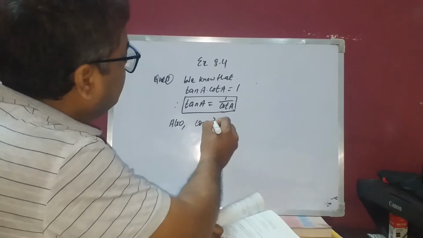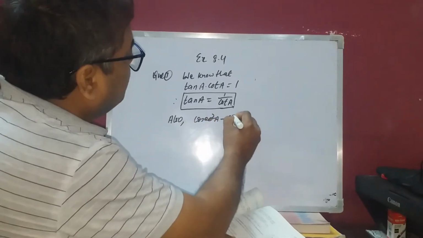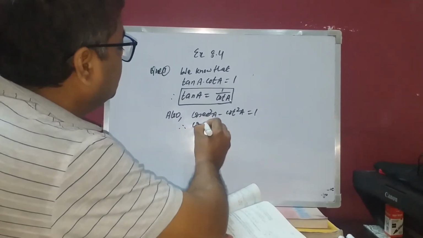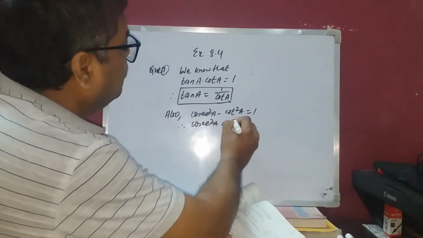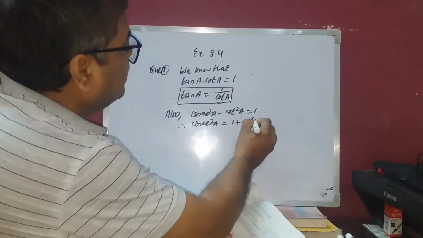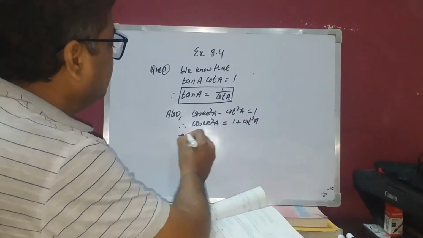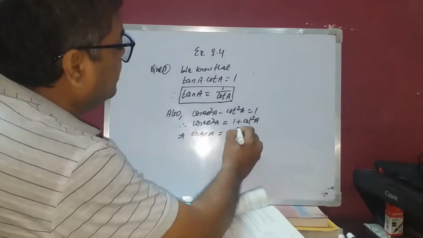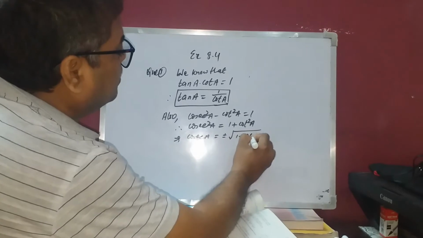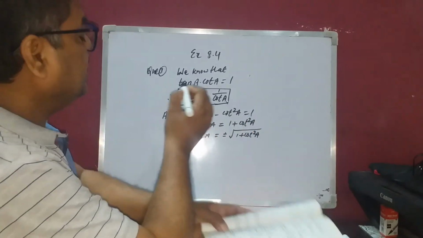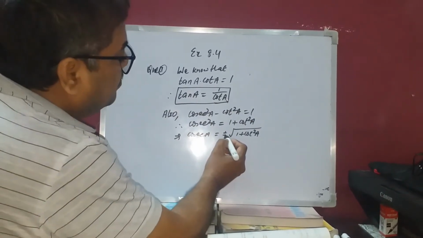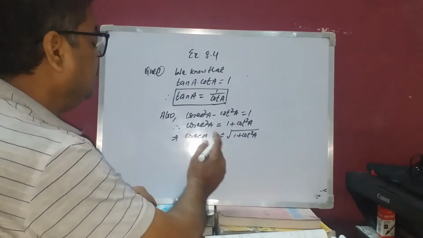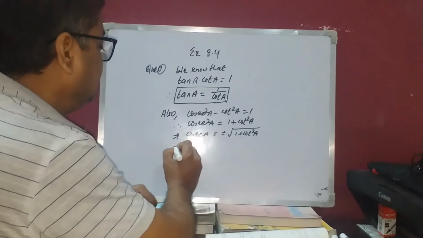Also, cosec square A minus cot square A equals 1. Therefore cosec square A equals 1 plus cot square A. This implies that cosec A equals plus minus under root 1 plus cot square A. And in class 10th, the negative value of cosec A is not described, so you will take only the positive value here.